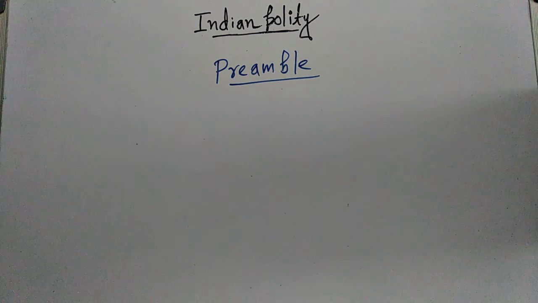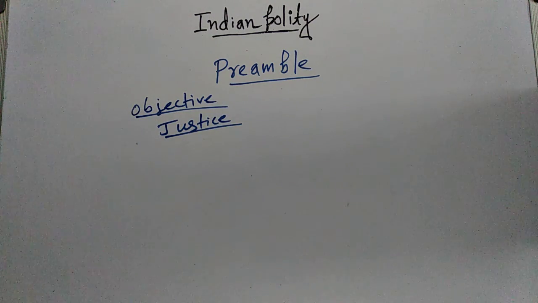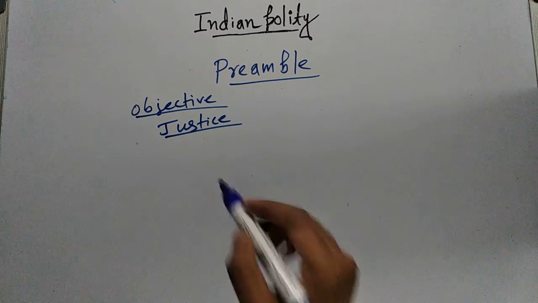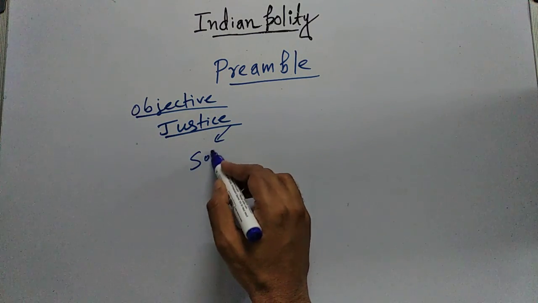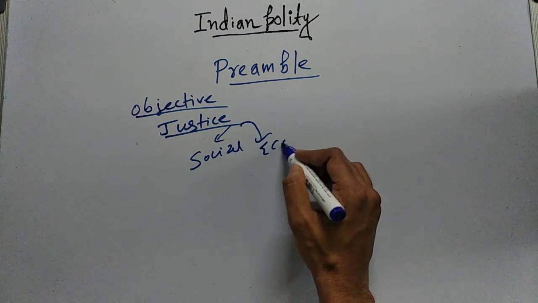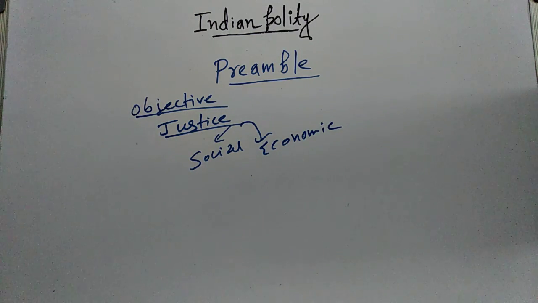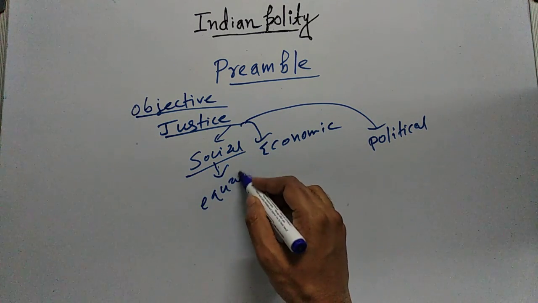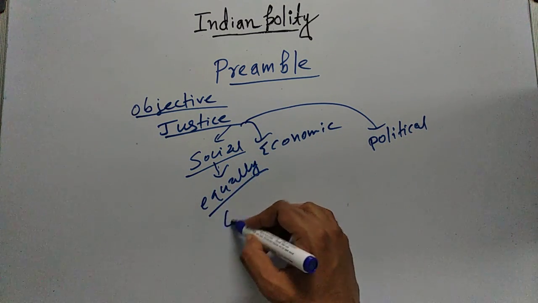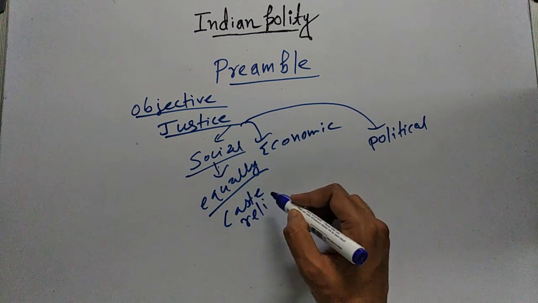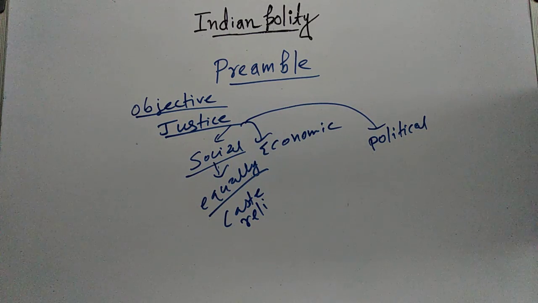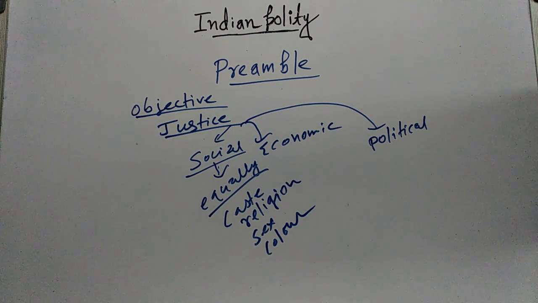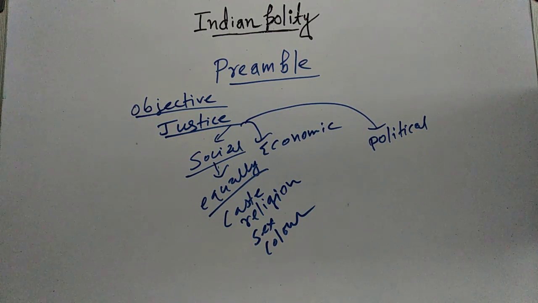Now we will read the objectives of the preamble of the Constitution, starting with justice. There are three types of justice mentioned in our preamble. One is social justice, another one is economic justice, and another one is political justice. Social justice means we equally treat all the citizens without any discrimination based on caste, religion, sex, color. We do not do discrimination on the basis of these things. We want to remove the social imbalance by making law.